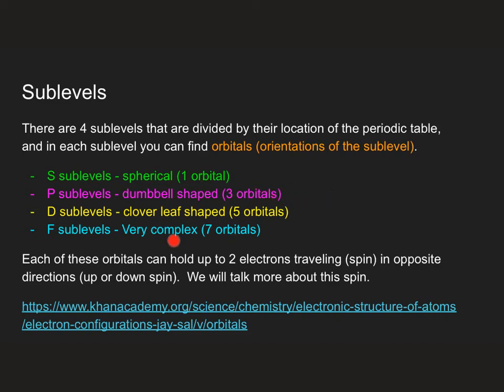And we'll look at all these in a little bit more depth in a minute. D sublevel, kind of clover shaped, kind of not, but that's the closest shape I can think of. And it's 5 orbitals, 5 different possibilities there. And then F sublevel, it's just really, really complex. There's no real shape in nature that you can think of that describes it very well. But it has 7 different possible orbitals.